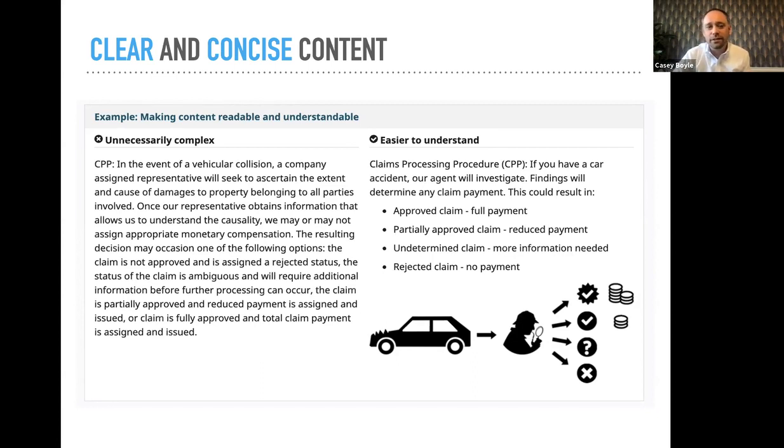So for instance, instead of CPP, we have the acronym fully spelled out in the beginning. All the content on the left is represented on the right, but it's not only represented on the right once, it's represented at least 2 times. So in addition to the bulleted list, we also have the infographic below that repeats the same content in a different form.